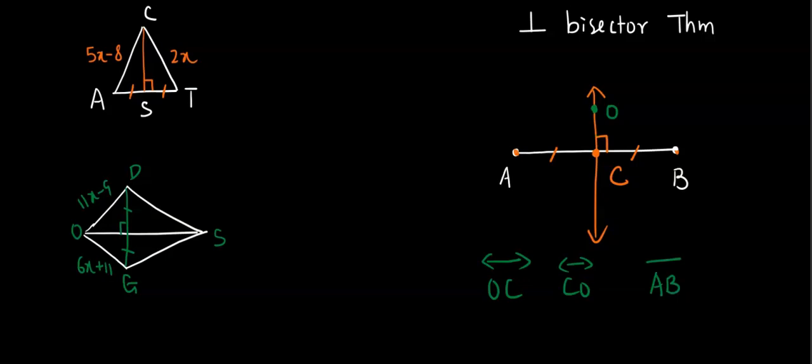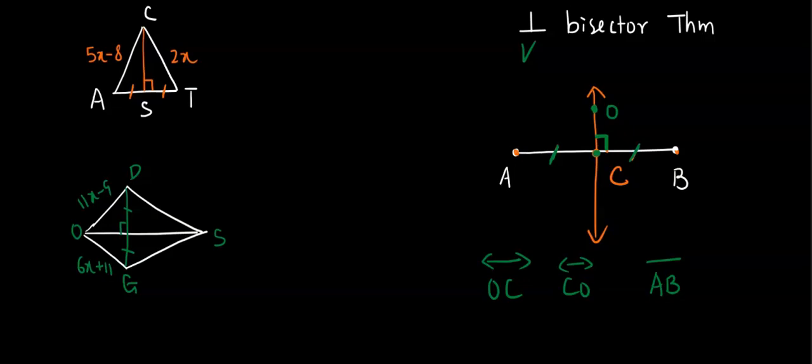You see, it is perpendicular to segment AB. It also bisects, because it passes through this midpoint C. That's the definition, and it also helps us find a perpendicular bisector.